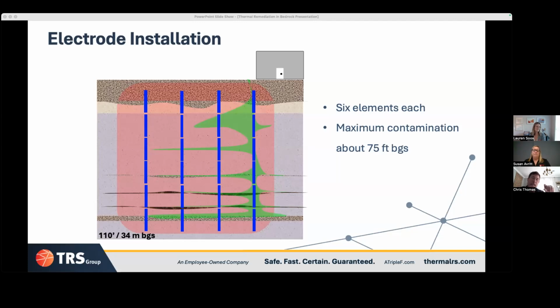So the whole idea behind a separate element is that it gives us the ability to operate each element at a different voltage. This is ERH, electrical resistance heating, and one of the keys for that functionality is to have that voltage match the impedance of the soil. In theory, the impedance of clay would be very low, sand might be a little bit higher, and bedrock even higher.